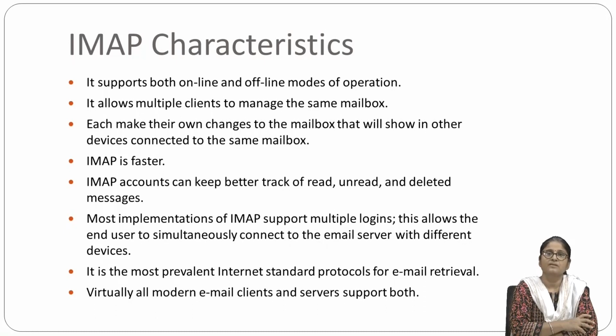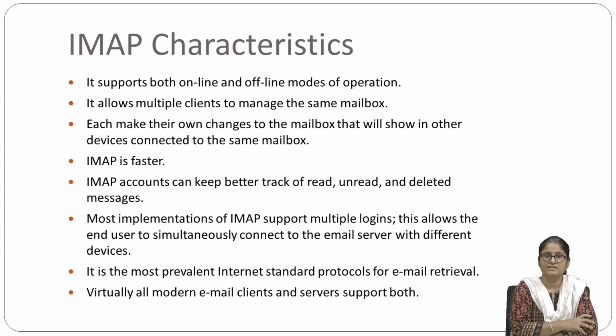IMAP is basically faster. IMAP accounts can keep better track of read, unread and deleted messages. With the use of this protocol, we can track the messages: what is the status, whether it has been read or unread, or whether it is deleted or not. The most important implementation of IMAP supports multiple logins.